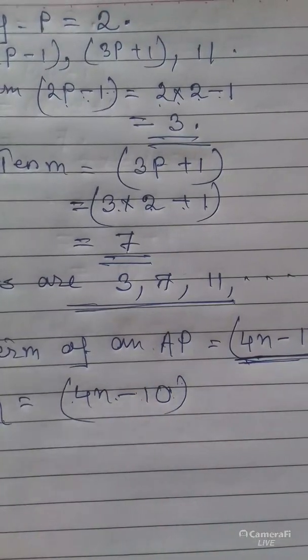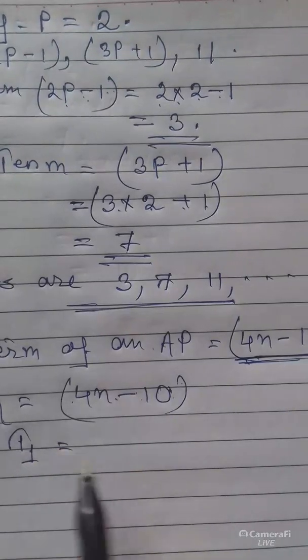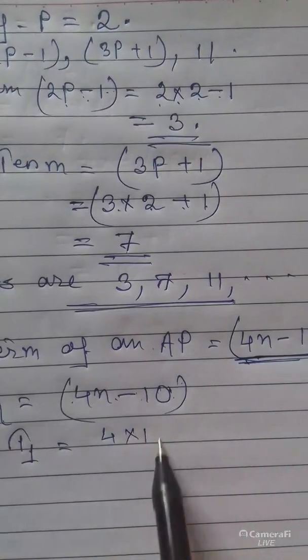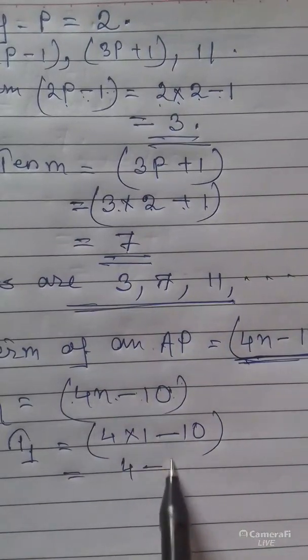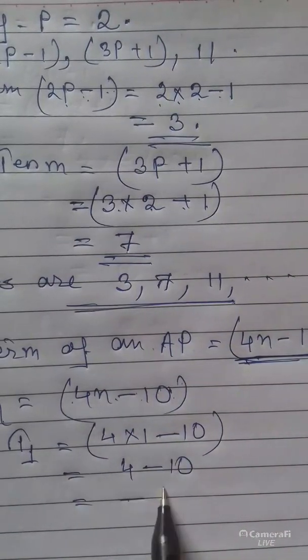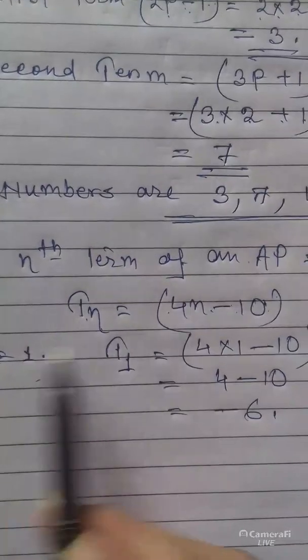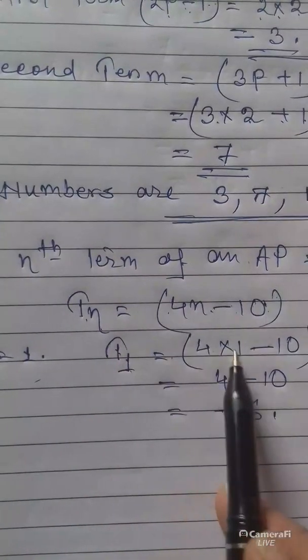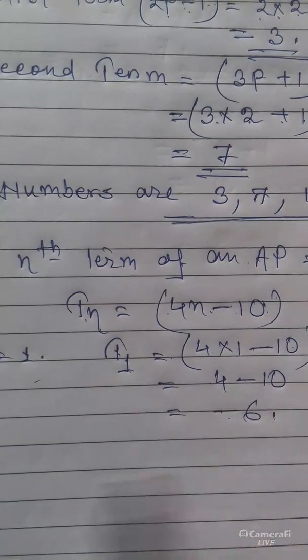If we take n equal to 1, meaning the first term, then T1 equal to 4 into 1 minus 10, which is 4 minus 10 equal to minus 6.